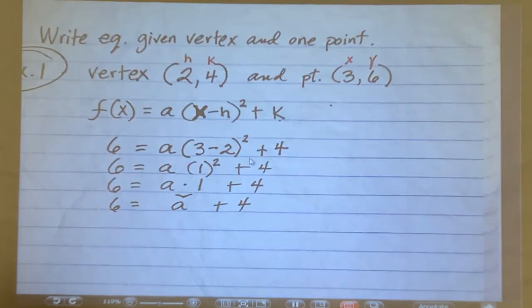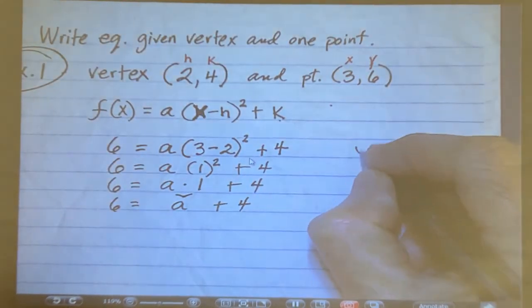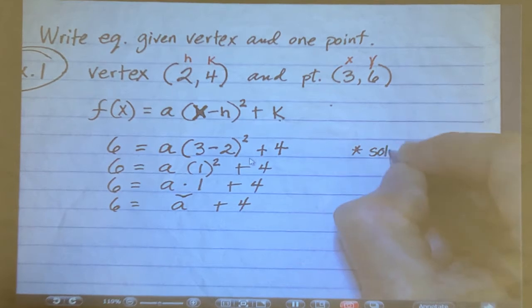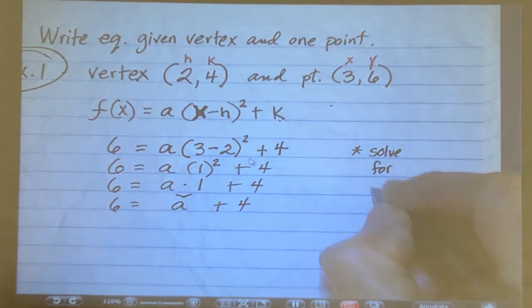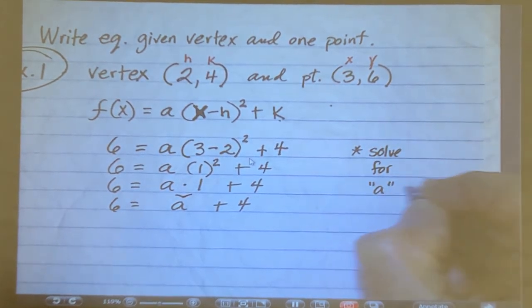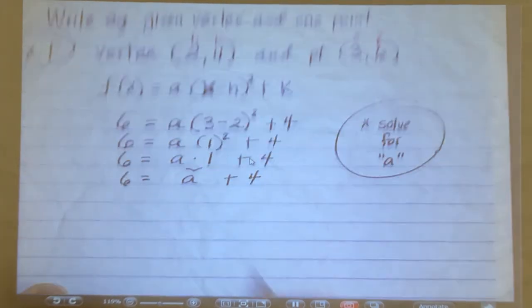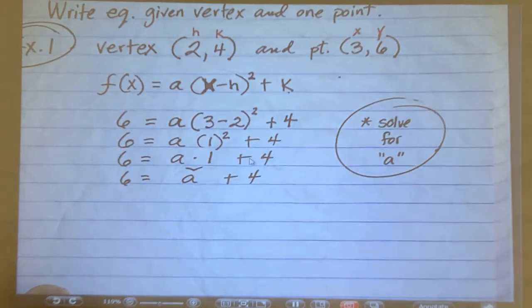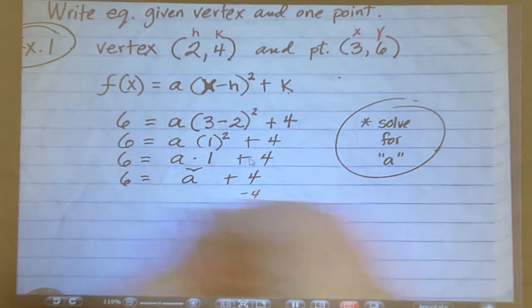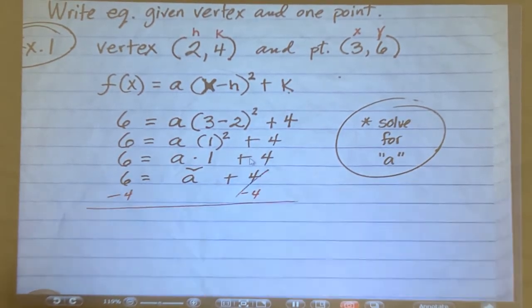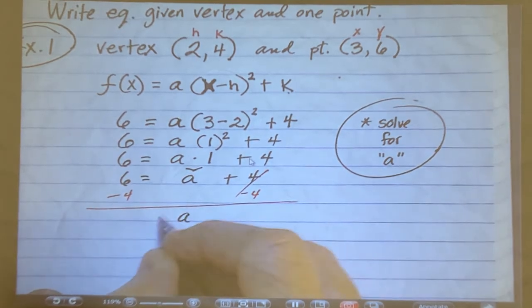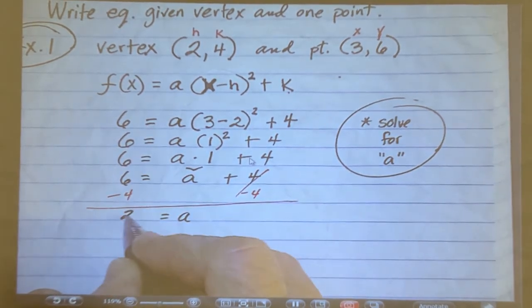So you might want to make a side note over here. We're going to solve for the a value. That's what we're doing in this section. To get a by itself, we're going to have to subtract 4 from both sides. And when we do, we'll find that the a value is 2.